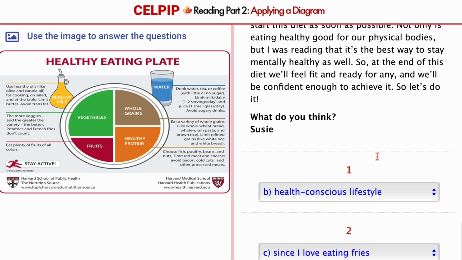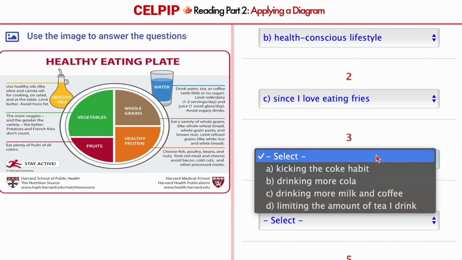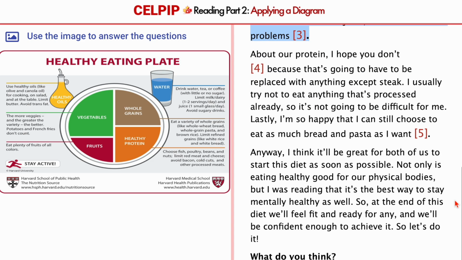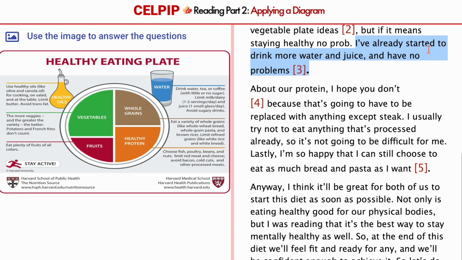So let's see. The options are: kicking the Coke habit, drinking more cola, drinking more milk and tea, limiting the amount of tea I drink. So why that one? Again, let's read the question. I've already started to drink more water and juice and have no problems.